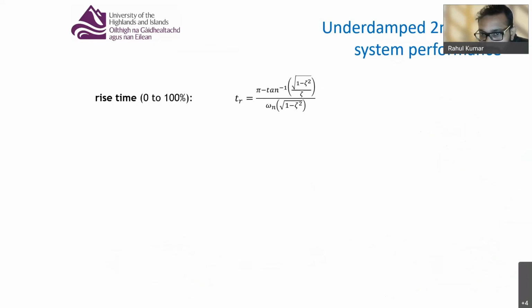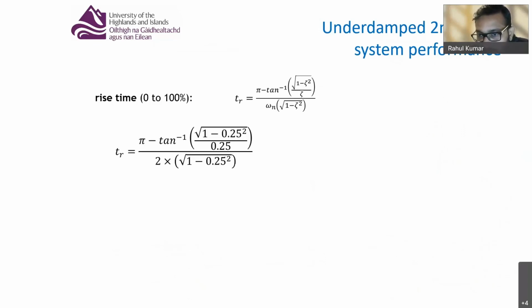So now let's start calculating the values. Let's calculate the rise time. Rise time is given by this formula, and in this formula we need the value of omega n and zeta, which we have already calculated. So omega n was 2 and zeta was 0.25.